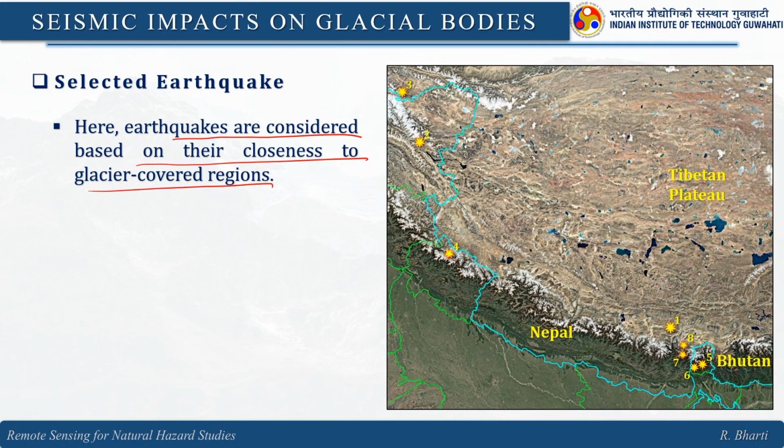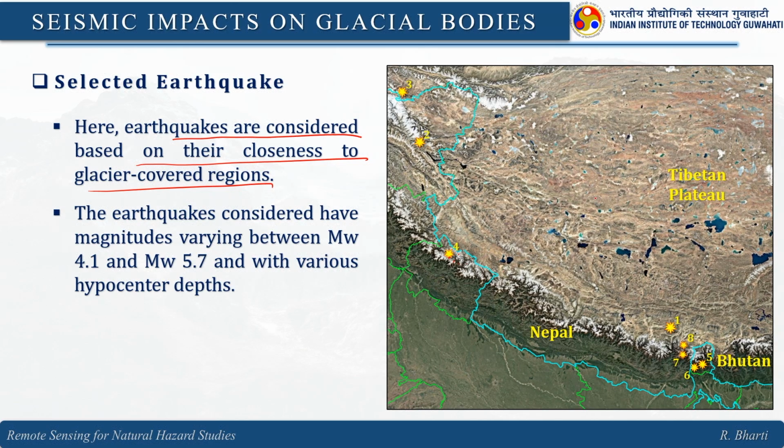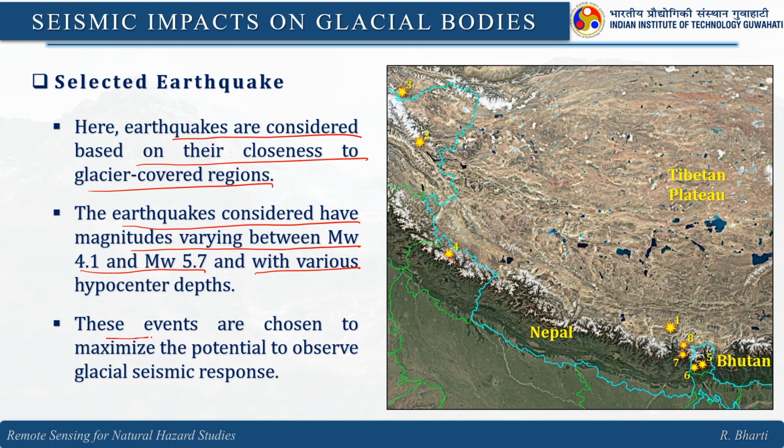If they are near to glacier bodies only then they are considered. The earthquakes considered have magnitude varying between 4.1 to 5.7 with various hypocenter depths. These events are chosen to maximize the potential to observe the glacier seismic response through remote sensing data sets.